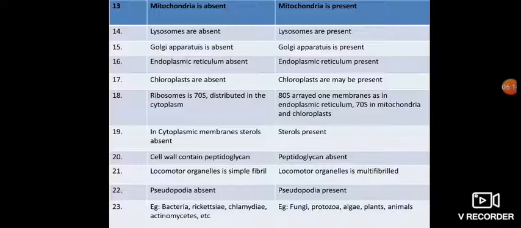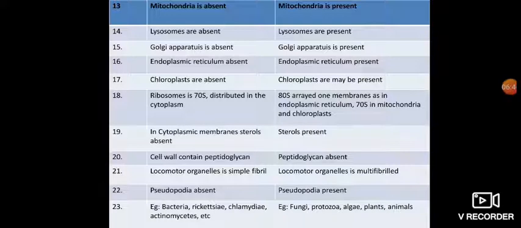Next, the cell wall contains peptidoglycan. As I told you in the diagram, both have a cell wall but with different content. The prokaryotic cell contains peptidoglycan, and I again repeat, peptidoglycan is absent in the eukaryotic cell.